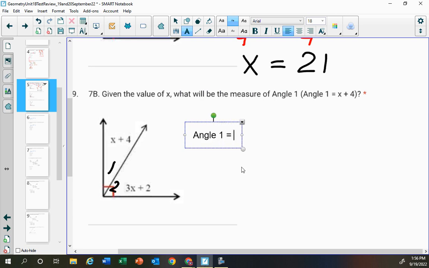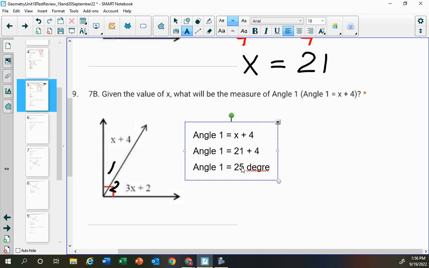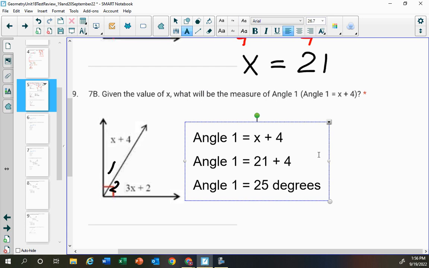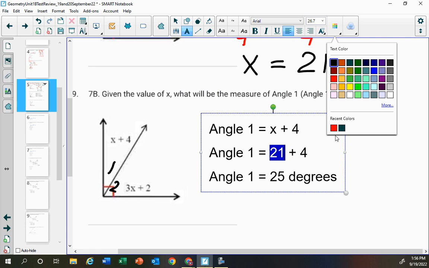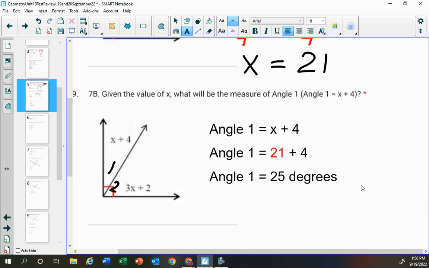Angle 1 equals x plus 4. Angle 1 equals 21 plus 4, which should be 25 degrees. Good job. That's all you do for the first one. The second one, yeah, that one is 65.